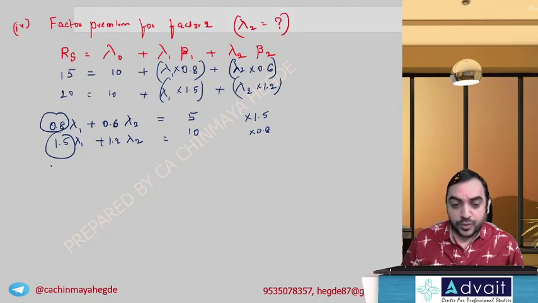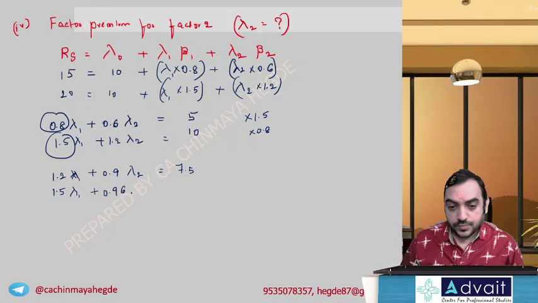So 0.8 into 1.5 becomes 1.2 lambda 1, 0.6 into 1.5 is 0.9 lambda 2, 5 into 1.5 is 7.5. Then 1.5 lambda 1, 1.2 into 0.8 is 0.96 lambda 2, and 10 into 0.8 is 8. Now the coefficients are the same, so subtract the equations.